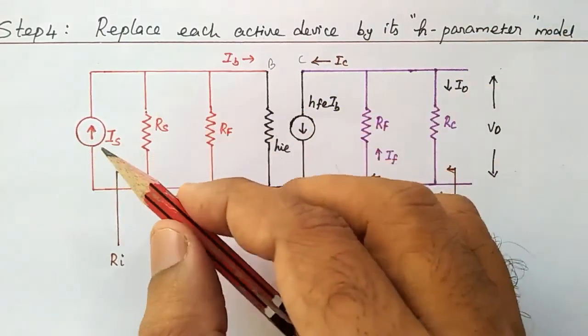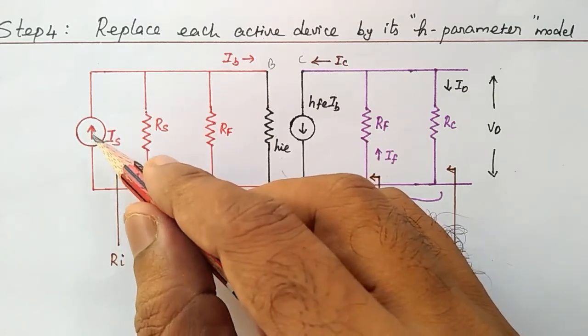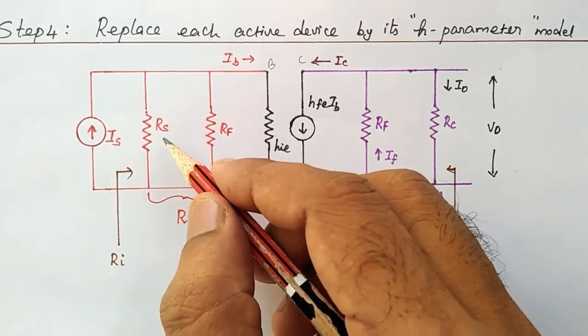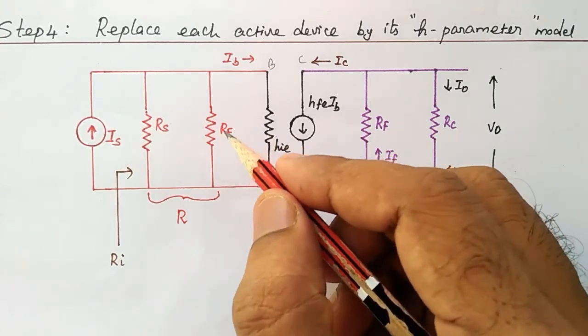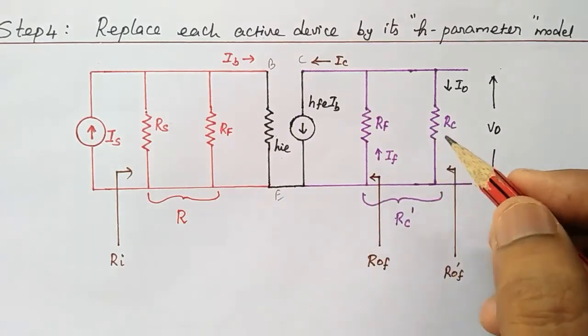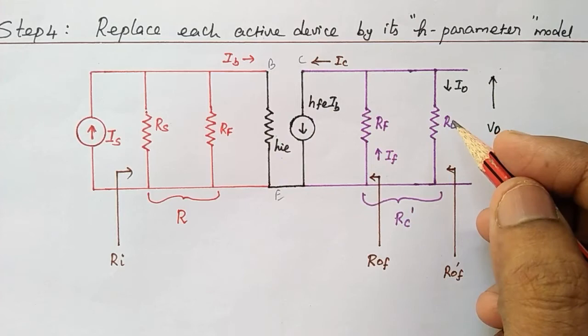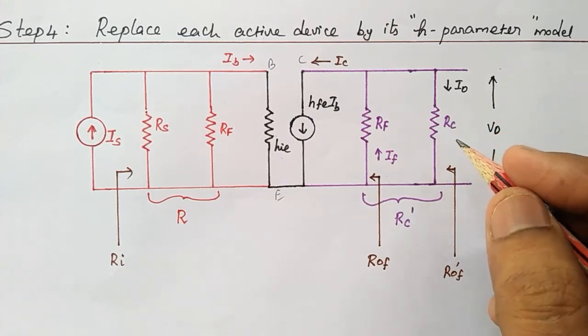On the input side, the voltage source is now converted into a current source IS with a parallel resistance RS. The RF is the feedback resistance that appears on the input side as well as on the output side. This is the load resistance, available in the collector region, and it is connected here.